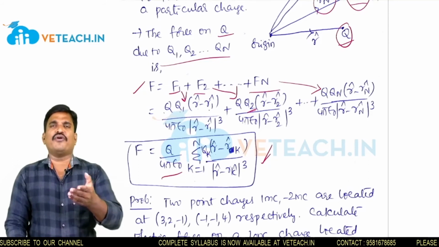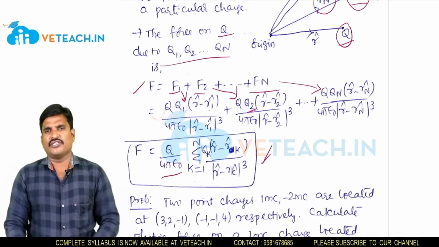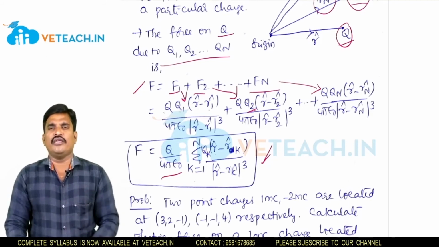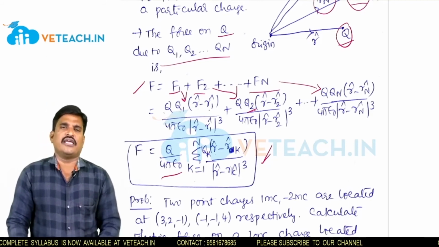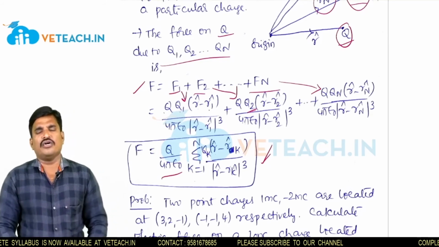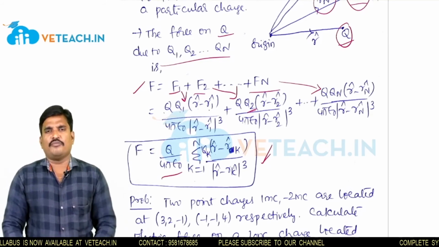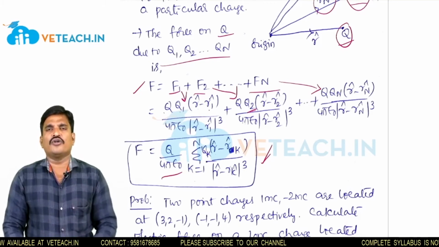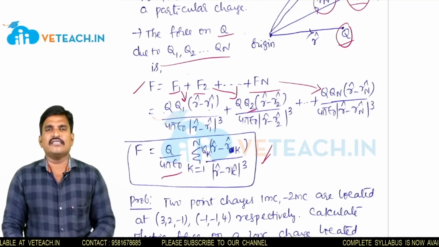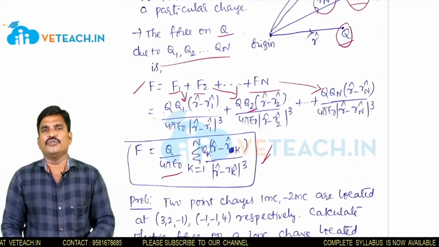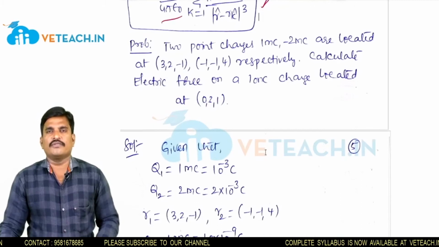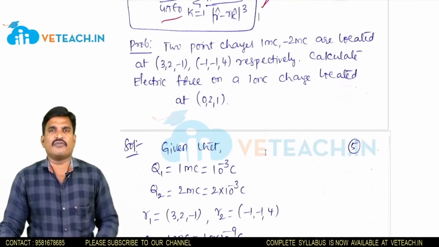It is applicable for any kind of charges. Suppose n is equal to 2, that is meant for 2 charges. N is equal to 3, that is meant for 3 charges. Like that we can find for all the individual charges. Up to now we have covered Coulomb's law for 2 point charges as well as n number of charges. Based on the concept we know on Coulomb's law, let me discuss one problem.